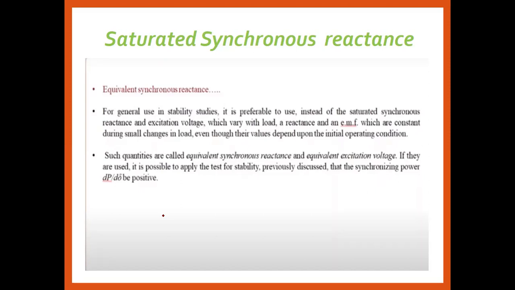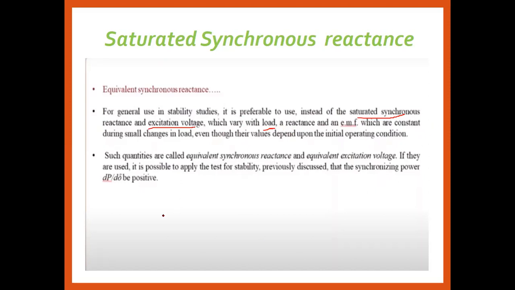Means what? Instead of the saturated reactance which varies with load, they are constant during the small change, even though their value depends upon the initial operating condition. Means what? We are using the saturated synchronous reactance and the excitation voltage, which generally vary with the load, and the reactance and the EMF, which are generally constant.